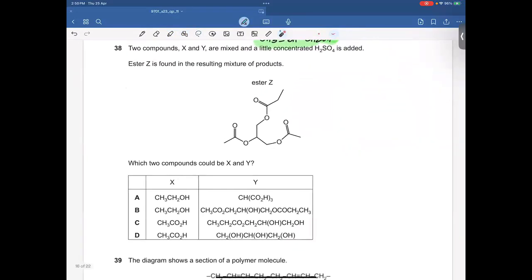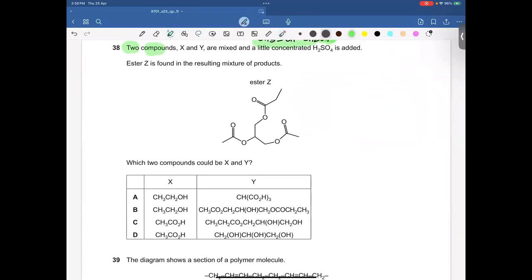Question 38. 2 compounds X and Y are mixed and a little concentrated H2SO4 is added. That means we are forming an ester. And ester formation always takes place when a carboxylic acid and an alcohol react together.